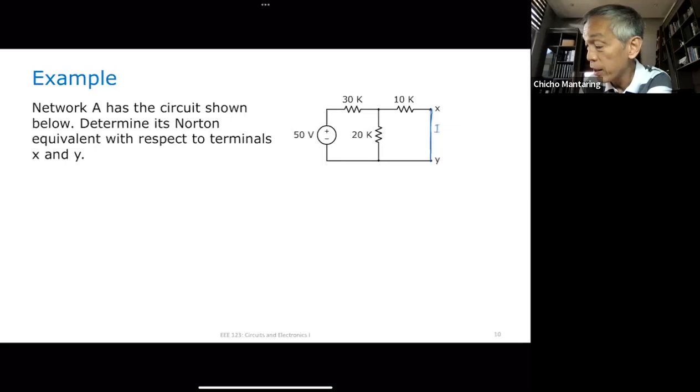I compute for the current I_XY. I_N is equal to I_XY. Any suggestion how I can compute for this current? Any suggestion? Yes, Renz.